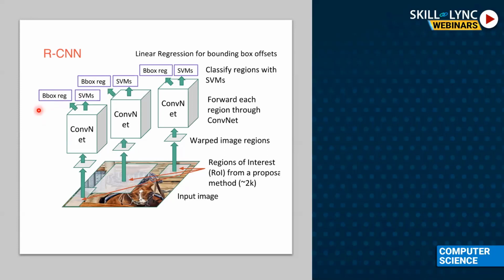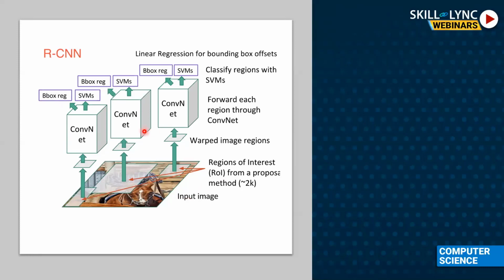I know this is a lot to take in, but I will just simply explain it to you again. We have this tool called CNN, and what this tool does is it takes in an image and tells us what that image is. It classifies the image.